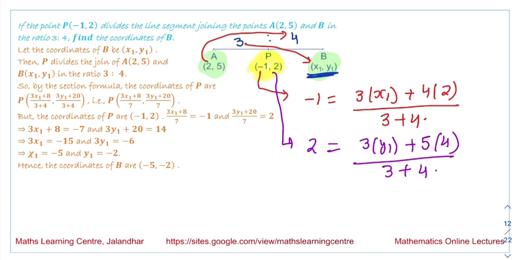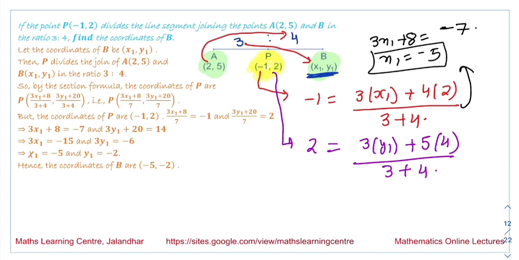Now on solving this first equation, you will get that 3x1 plus 8 is equal to minus 7. This gives us x1 is equal to minus 5. On solving this second equation, we will get 3y1 plus 20 is equal to 14.